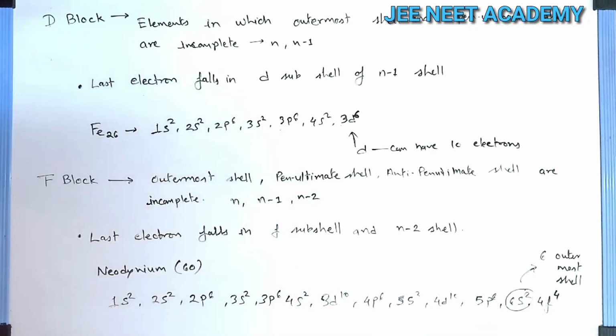Electrons are there for the 6 shell, and then 5 also has fewer electrons, 2 and 6. 5d is not filled. Then 4s is filled, p is filled, and d is filled, but 4f is not filled. So penultimate, anti-penultimate, and outermost shell all are not completely filled.